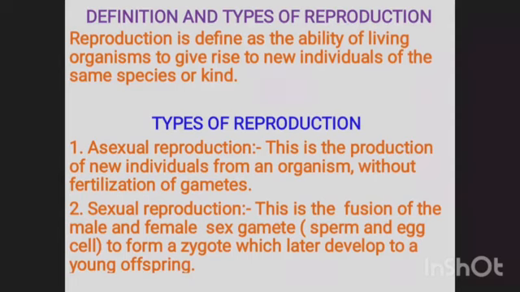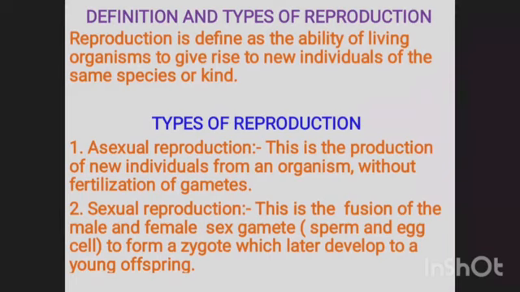All right. Now let's look at types of reproduction. Now reproduction is divided into two types, and the first one we have is the asexual reproduction. Now this is the production of new individuals from one organism, without fertilization of gametes in any form.